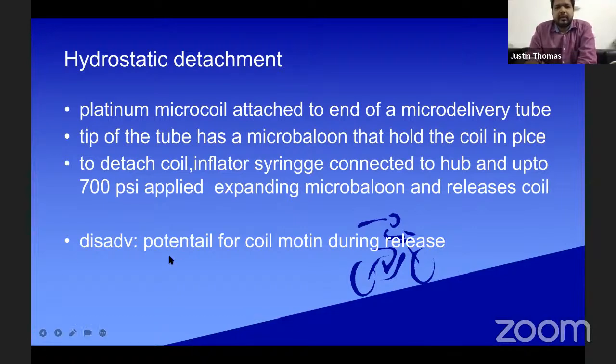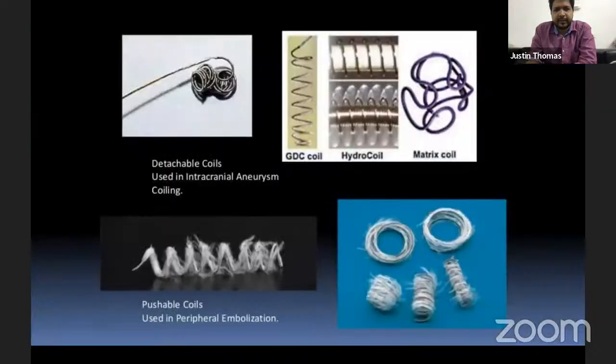There is a balloon which is attached to the end of the micro delivery tube. And once the desired coil is in place, the inflator syringe is used to inflate the balloon, which on expanding causes the release of the coil. But this release of the micro balloon can cause motion of the coils during release. This is a disadvantage of this hydrostatic detachment.